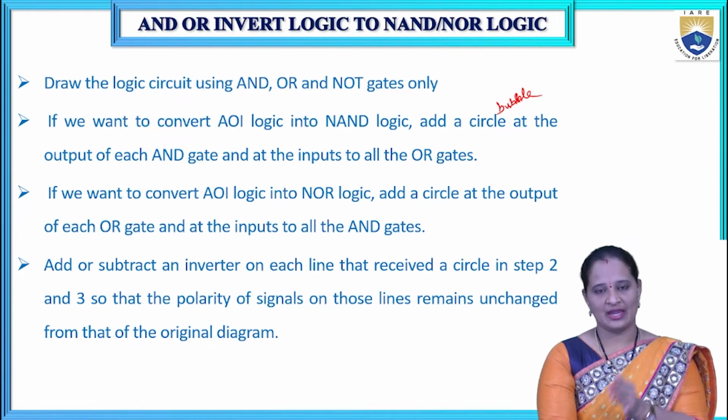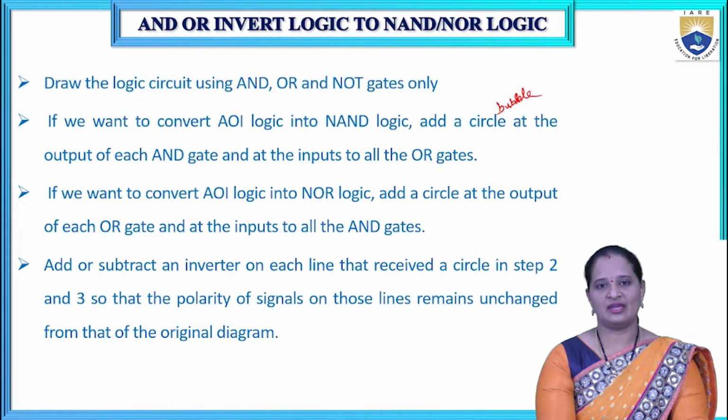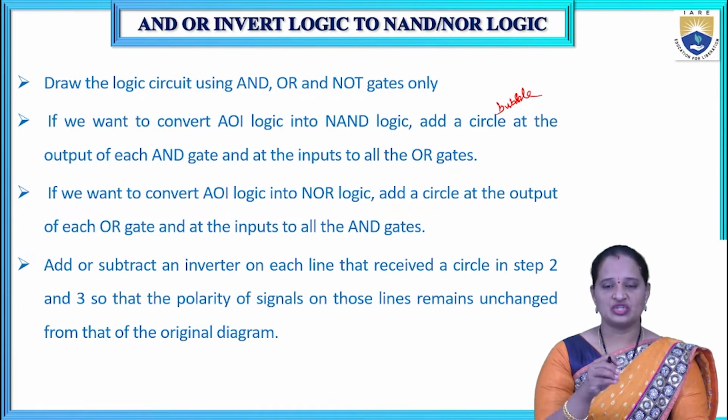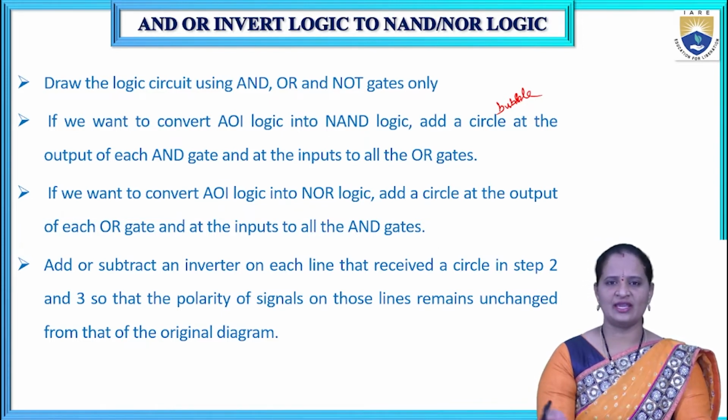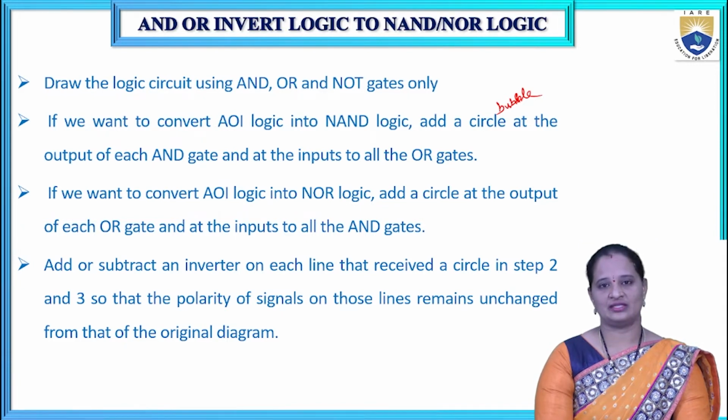If we have chosen NAND logic, then the second step is to place a bubble at the outputs of AND gates, however many AND gates there may be. At the output of each AND gate, we need to place a bubble, and we also need to place bubbles at the inputs of all the OR gates.